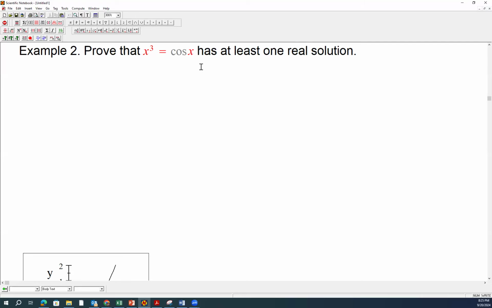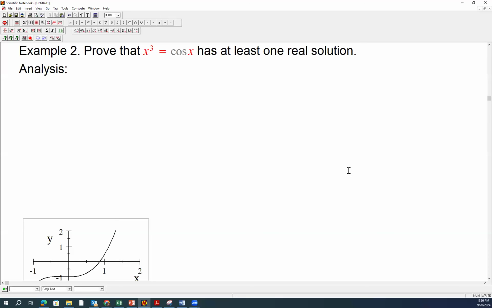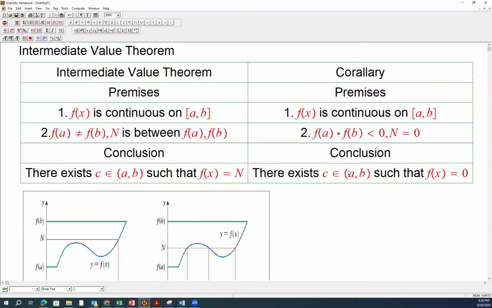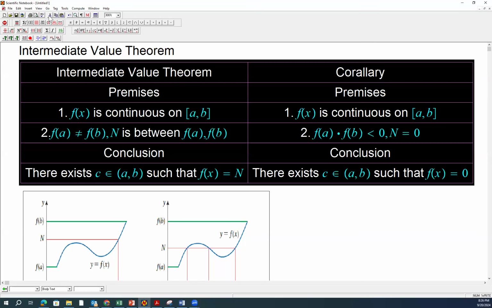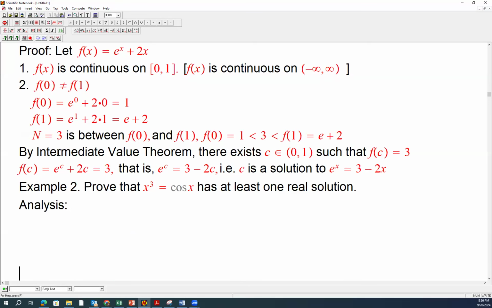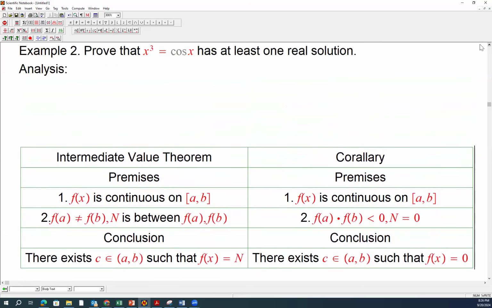So in this case, let's do the analysis part. The analysis part is something I scratched out on my scratch paper. You don't need to show it. Okay, never mind, we still have another one.